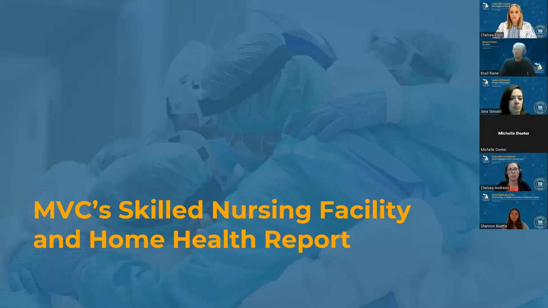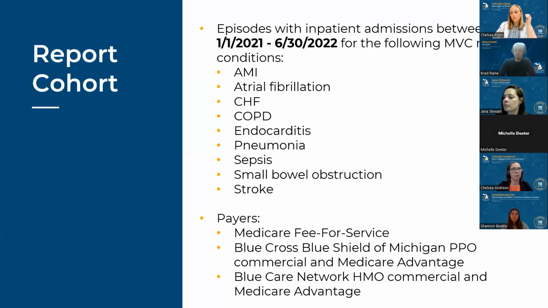Next, I will go into our most recent report release, which is around skilled nursing facility, or SNF, and home health. A little bit about the report cohort. This report includes episodes of inpatient admissions between January 1st, 2021 and June 30th, 2022 for MVC's medical conditions.